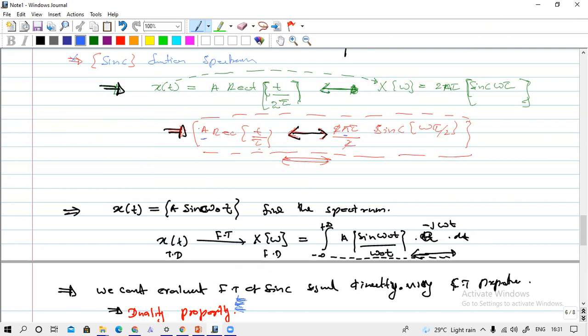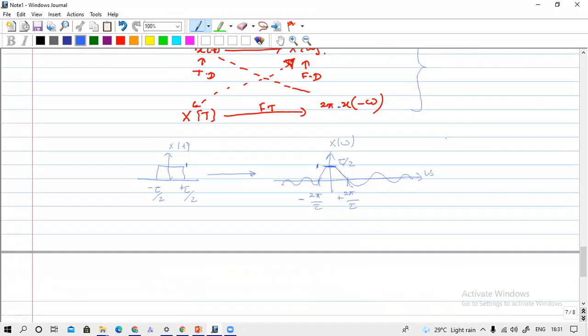We have removed that A, so we have only tau sinc(omega tau by 2). So we have this, minus 2 pi by tau to plus 2 pi by tau. If you guys have any problem with this, I hope now you can understand.